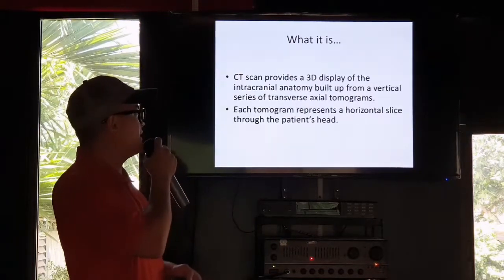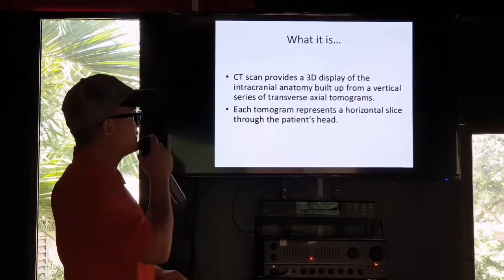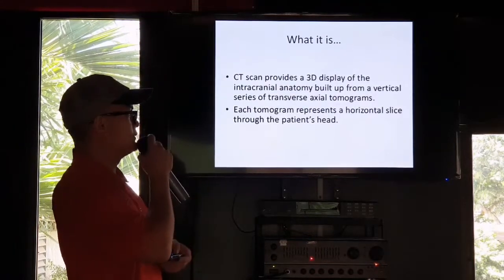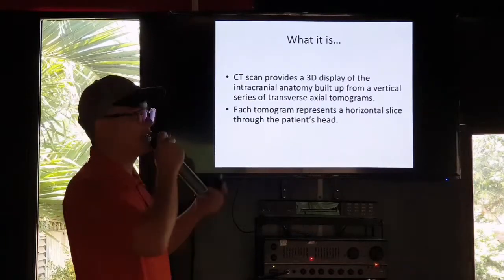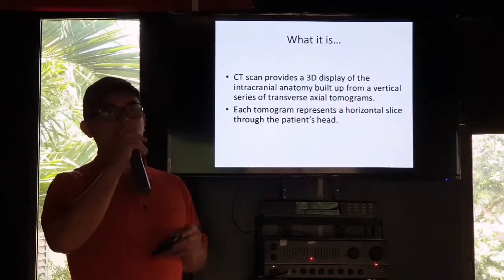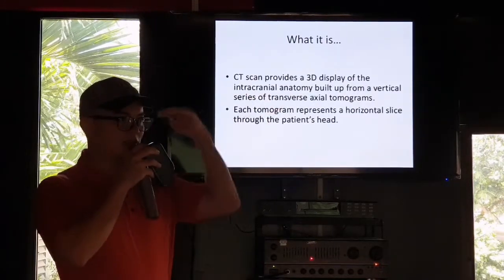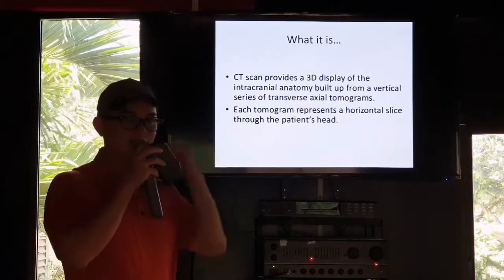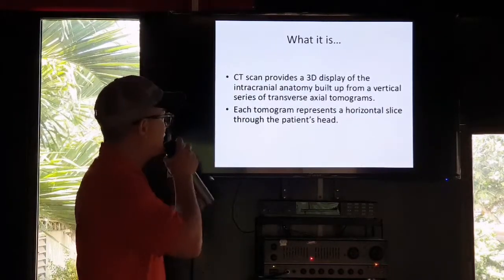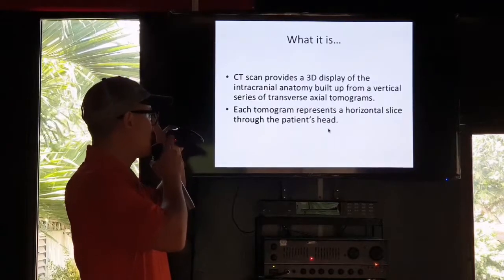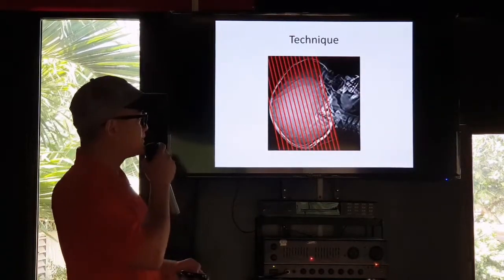So it provides a 3D display of the intracranial anatomy built up from a vertical series of transverse axial tomograms. So basically, X-rays are passed through the skull transversely, axial cuts, and then it's reconstructed vertically. Okay? Each tomogram represents a horizontal slice through the patient's head. So this is usually how it is done.